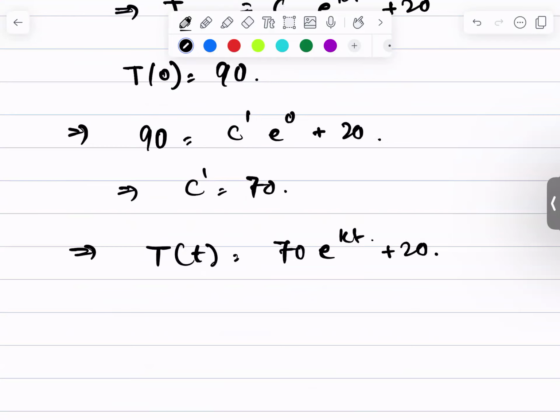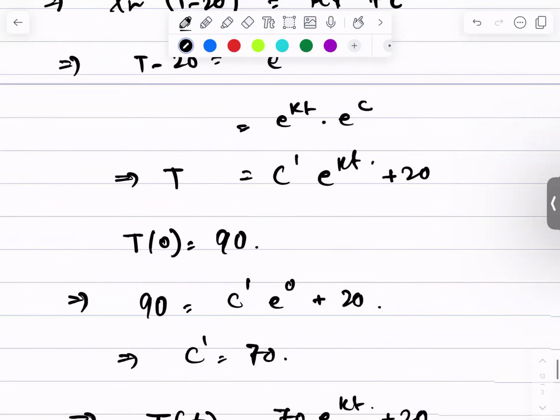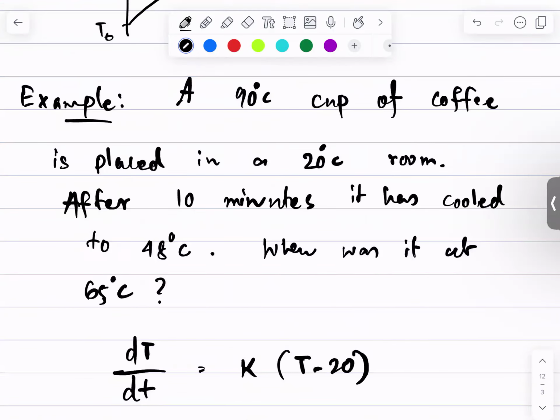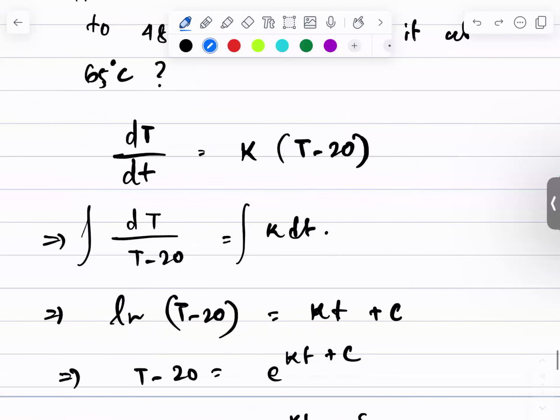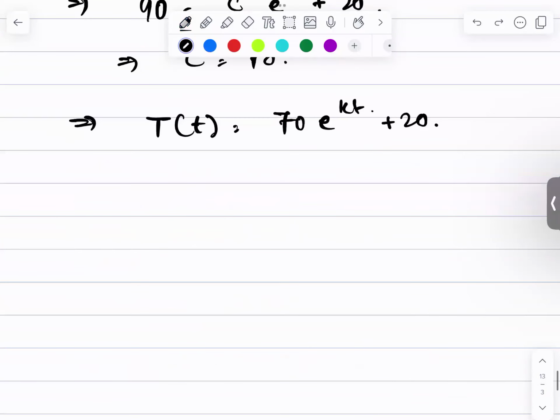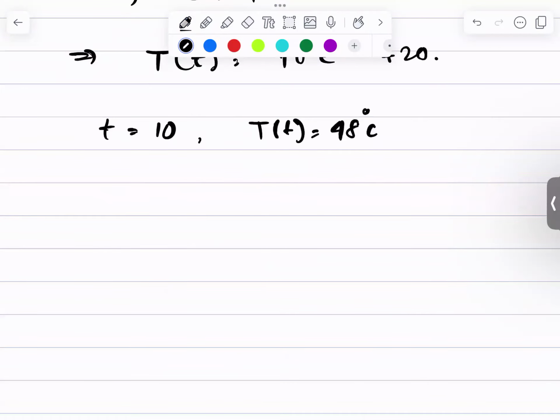But what else do I know? The one more piece of information that I have not used so far is this. After 10 minutes, it cooled down to 48 degrees Celsius. So when my time t is 10, then my temperature was 48 degrees Celsius. So if I use this, I'll find the constant k, right?